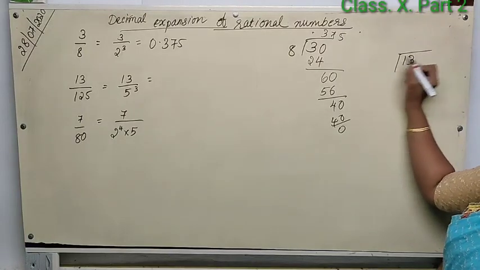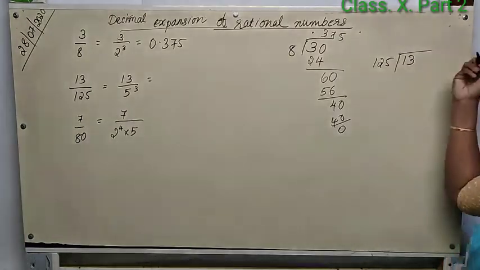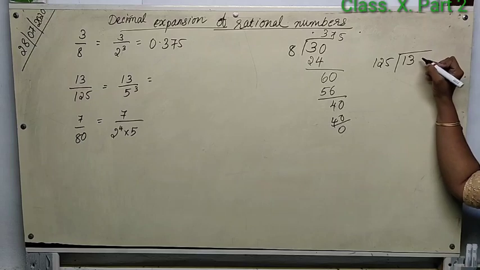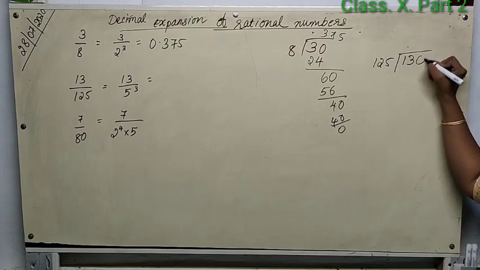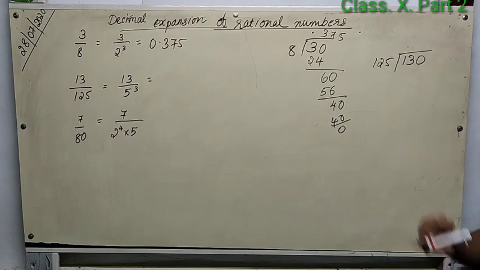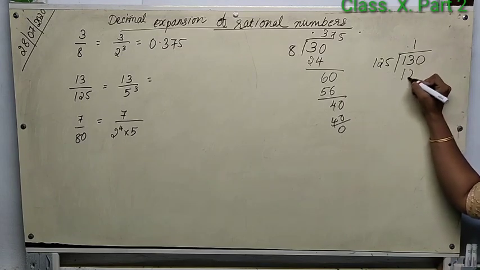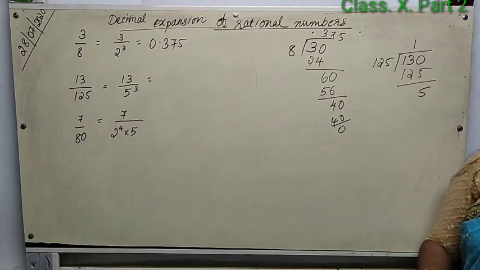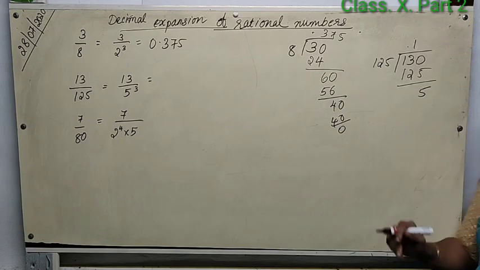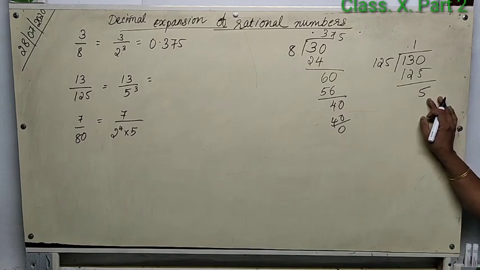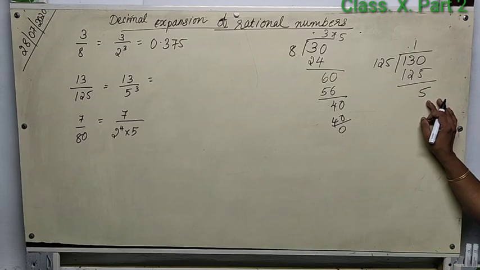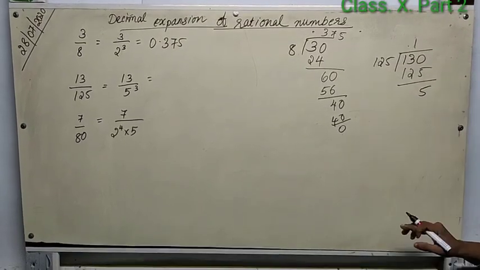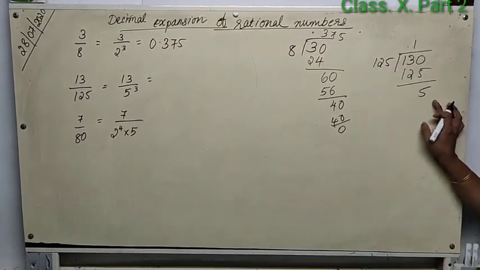Next, 13 by 125, that is 13 by 5 cubed. In 13 there is 0 times 125. In 130, how many times? 1 time, 125. The remainder is 5.